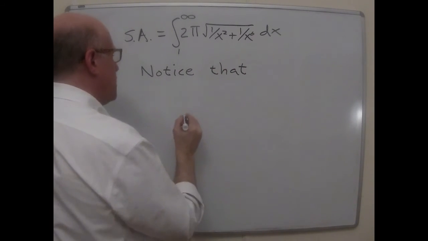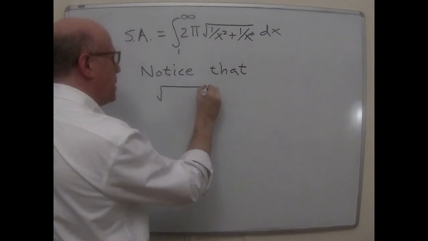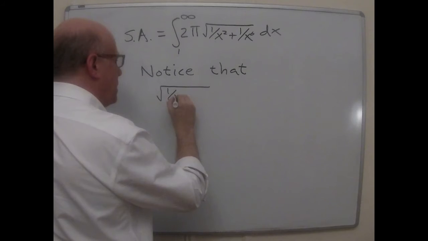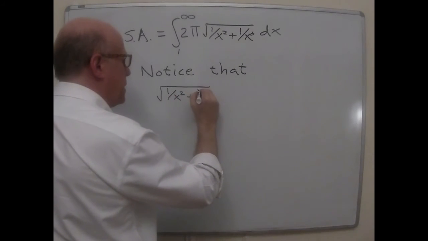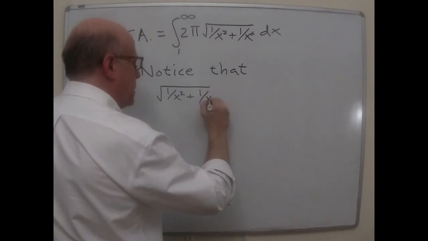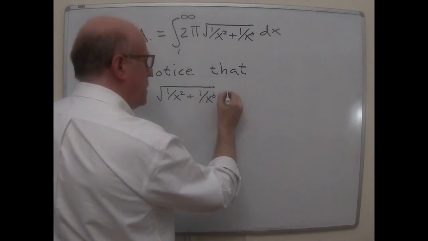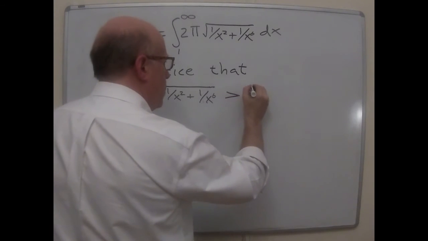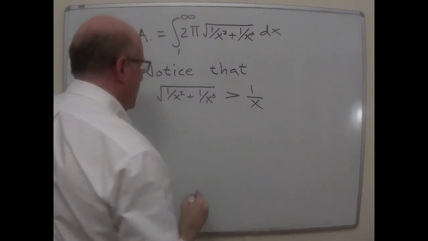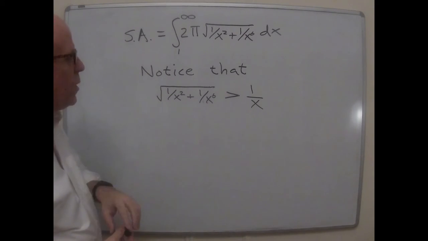So what do I want to show you? I want us to notice that the integrand we've got there, the square root of 1 over x squared plus 1 over x to the 6th, is strictly bigger than 1 over x. And that's because, well, let's see why this is true.